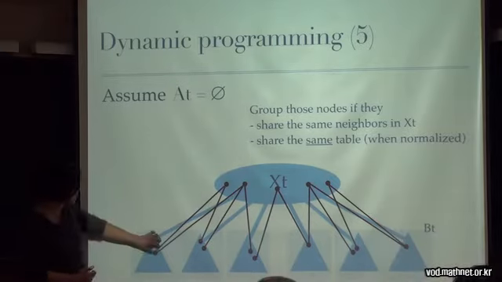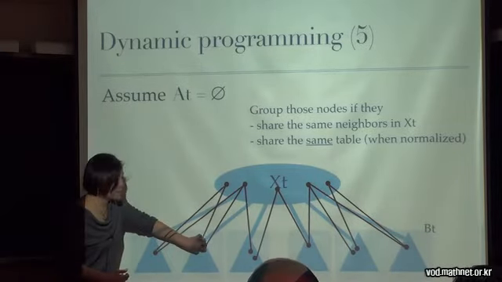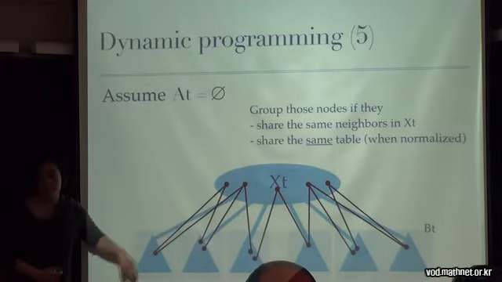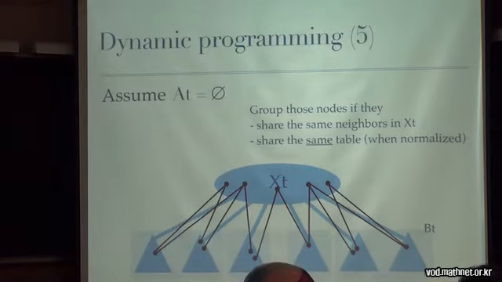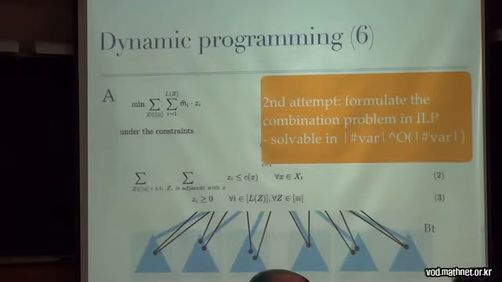So what happens here can be exactly translated to what happens here. Because you have finite states at each node, and there are finitely many ways of having neighborhoods in XT, the grouping is finite. It is actually a very small number, O of k squared, I think.